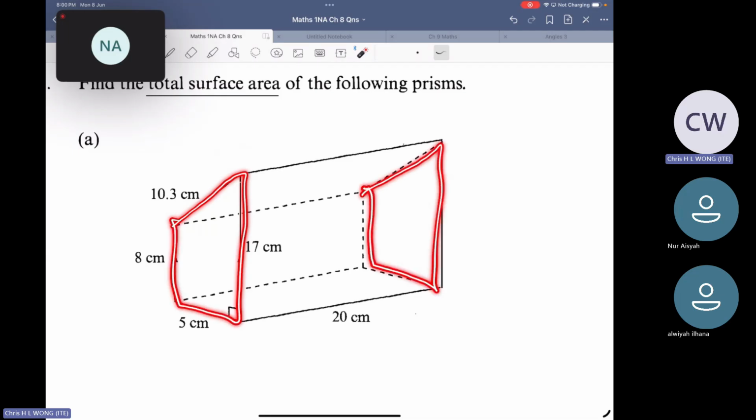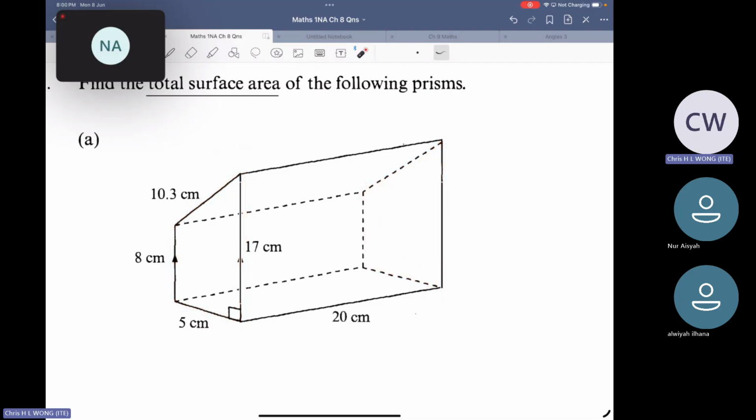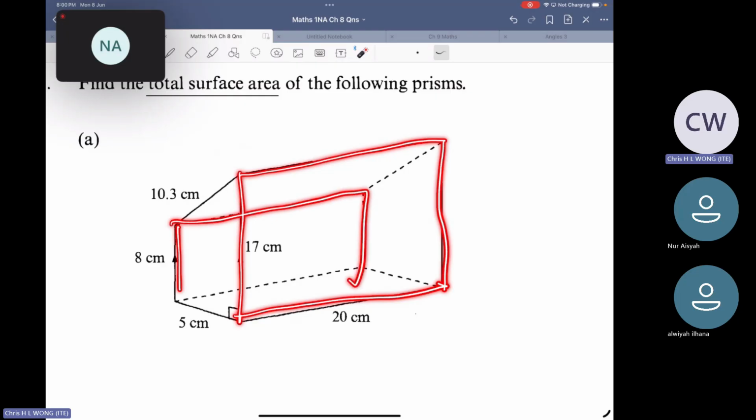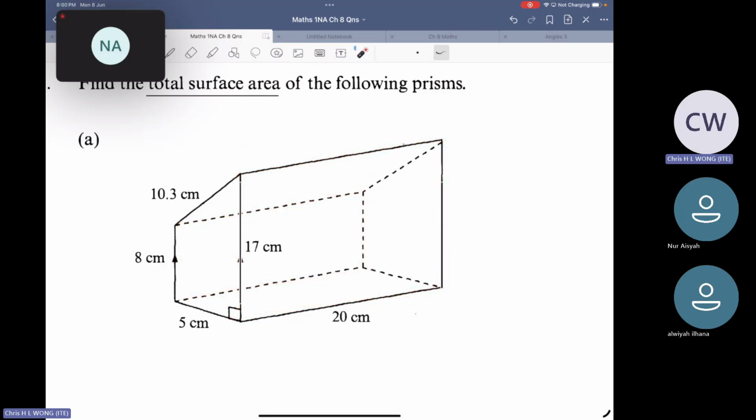Two already, yeah? Then you have 3, 4, 5, 6. So altogether six areas.